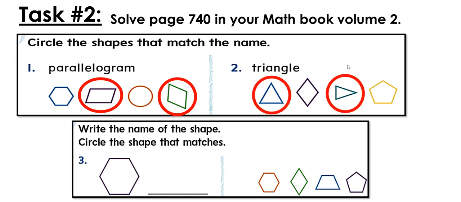We have 2 triangles. Let's see for number 3. Do you remember the name of the shape? 1, 2, 3, 4, 5, 6 sides. Which is the shape that has 6 sides? Is the hexagon. The only one with an X on it, just like 6. Hexagon.